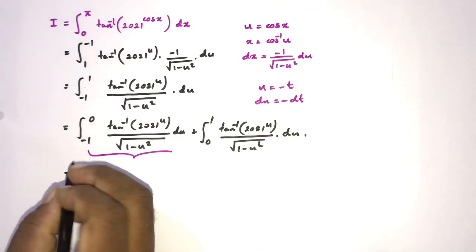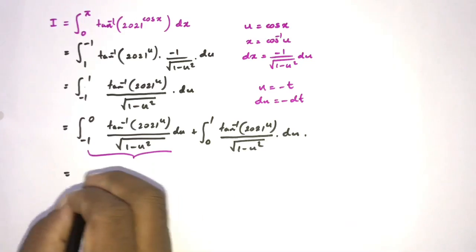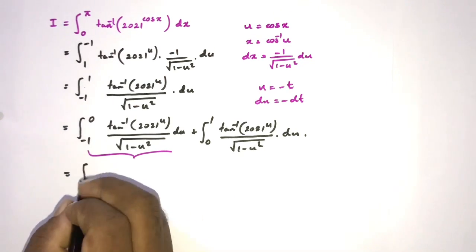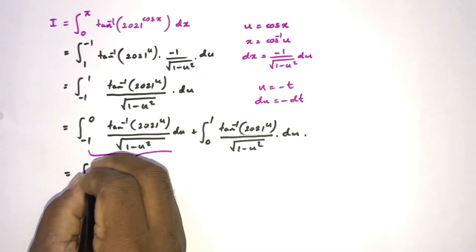Now we should change the boundary. When u approaches minus 1, we know t approaches 1, so here 1. When u approaches 0, t also approaches 0.